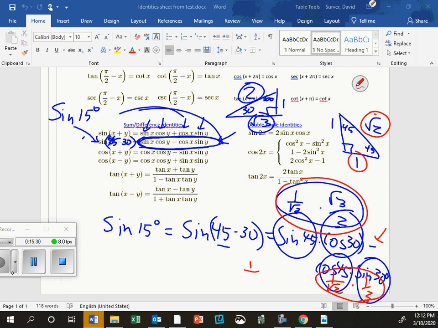So that's root 3 over 2 root 2, minus that one, which is 1 over 2 root 2. Final answer is the square root of 3 minus 1 over 2 root 2. That's complicated, but that's a typical test question.